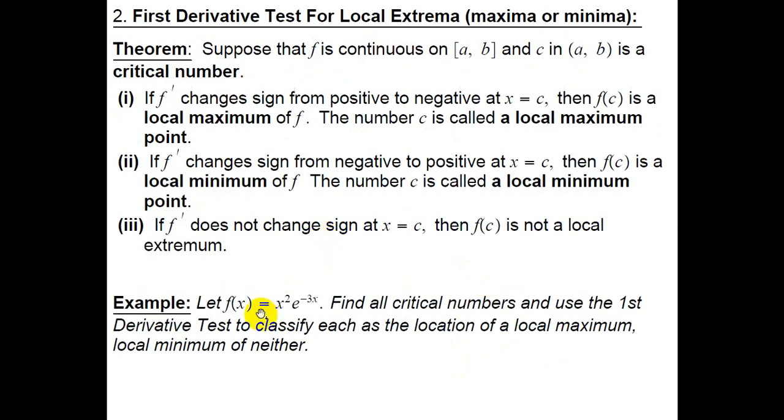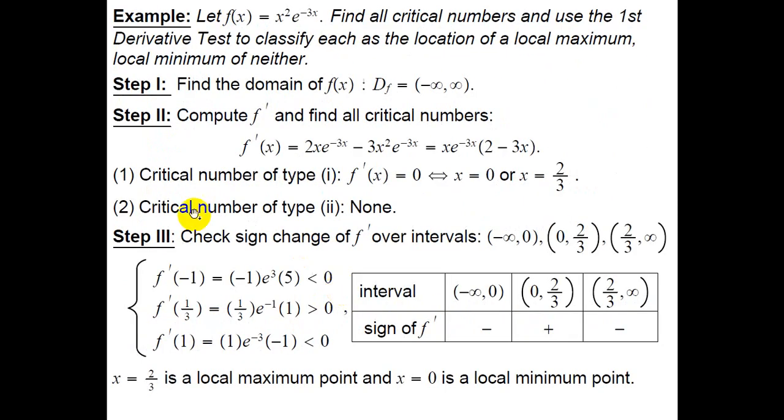Okay, now look at the example f of x equals x squared times e to the power -3x. If we take the derivative of this function, we get this function, and it has two solutions, 0 and 2/3. This function has no point where x is undefined. Therefore, critical number type 2 is not available here.